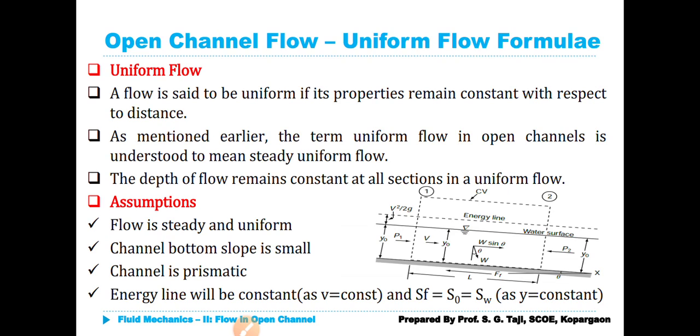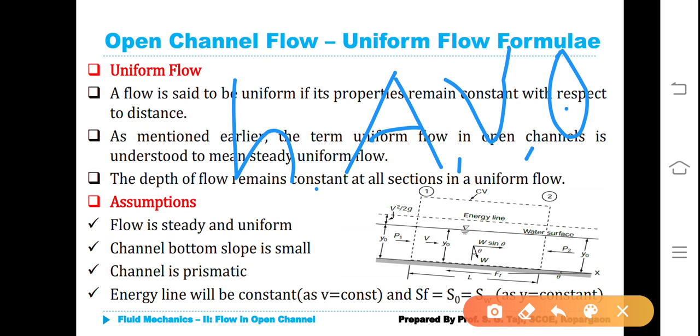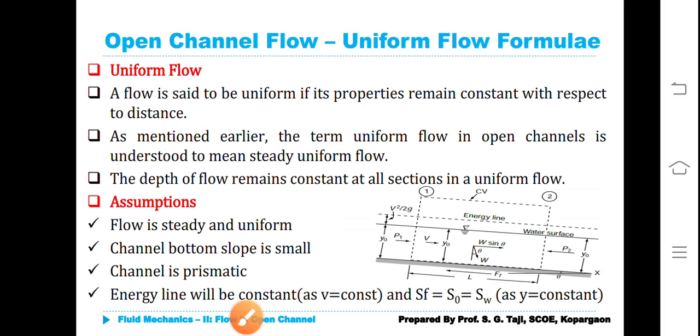What is uniform flow? A flow is said to be uniform if its flow characteristics such as depth h, area of cross section A, velocity v, discharge Q, etc. remain constant with respect to distance.